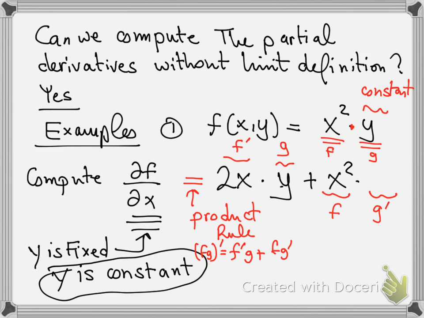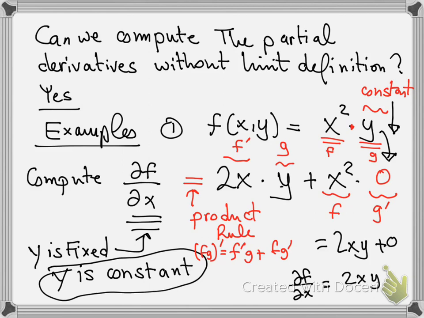And the derivative of a constant is just 0. So the derivative of y here is just 0. So that will be equal to 2xy plus x squared times 0, so plus 0. So partial f, partial x is just 2xy.